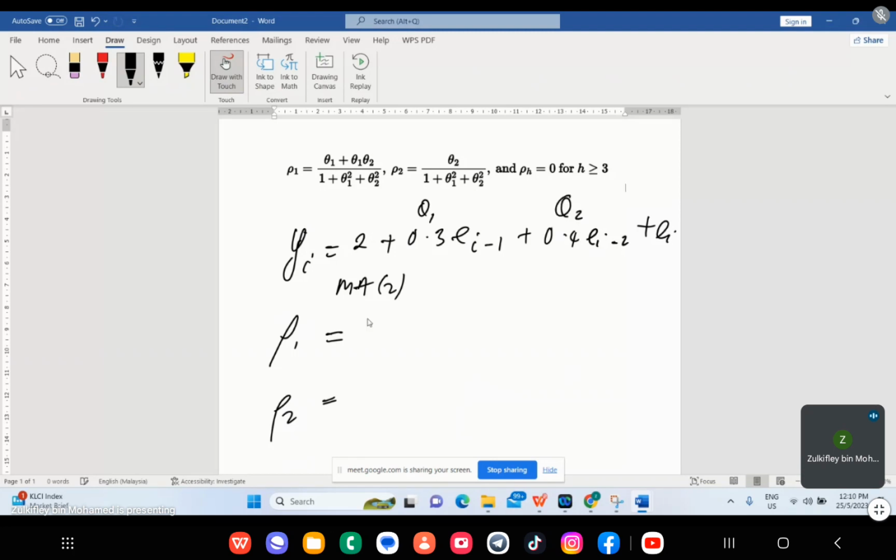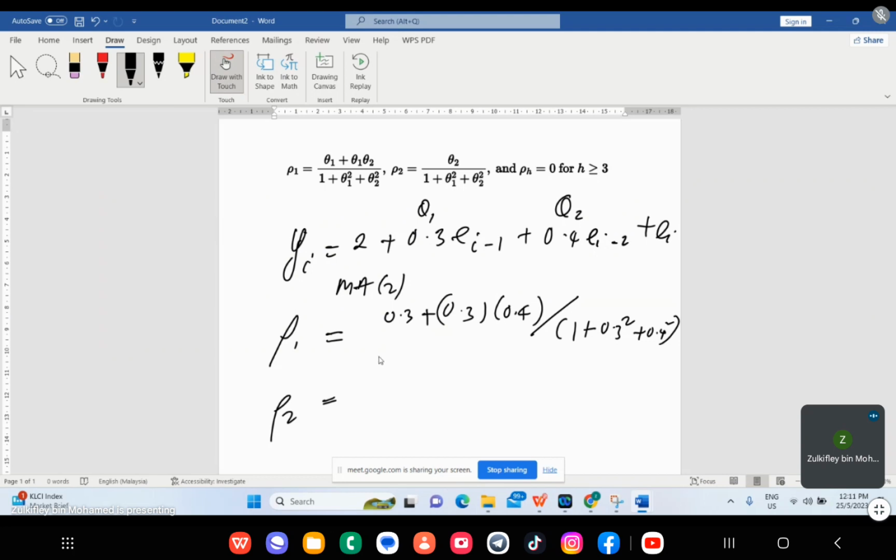Rho 1 is theta 1 is 0.3 plus theta 1 is 0.3 multiplied by 0.4, for example, and divided by 1 plus theta 1 square, 0.3 square plus 0.4 square. You solve ke sini, you akan dapat rho 1. And rho 2 is theta 2.